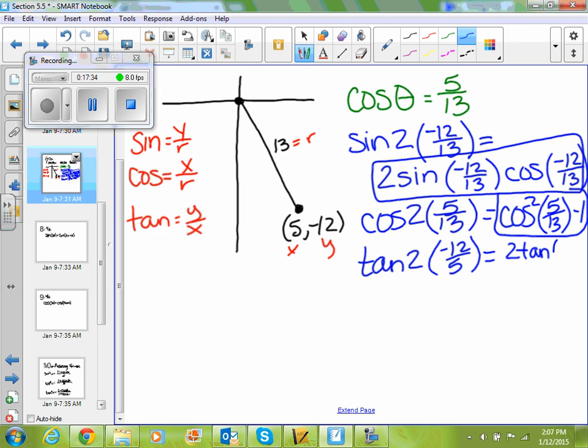Two tangent of u over 1 minus tangent squared of u. There we go.